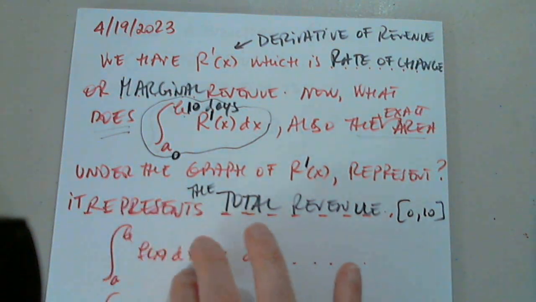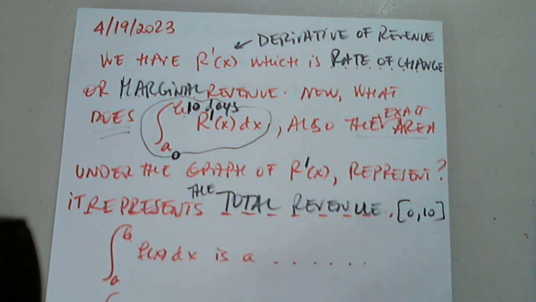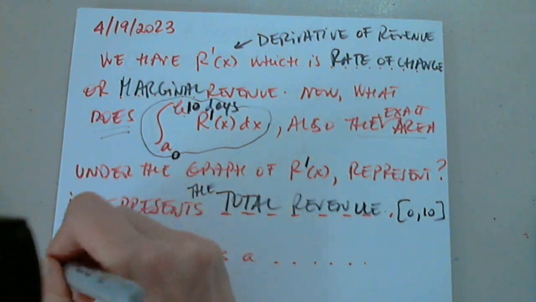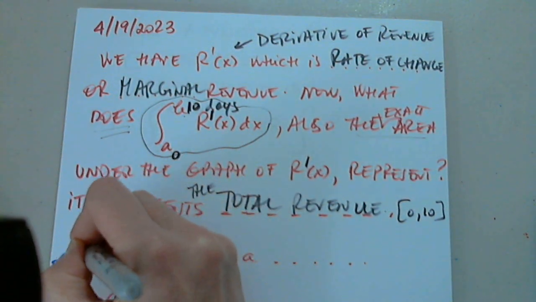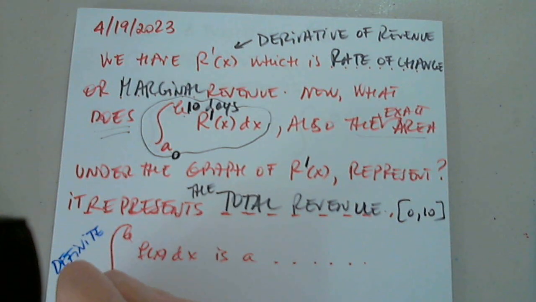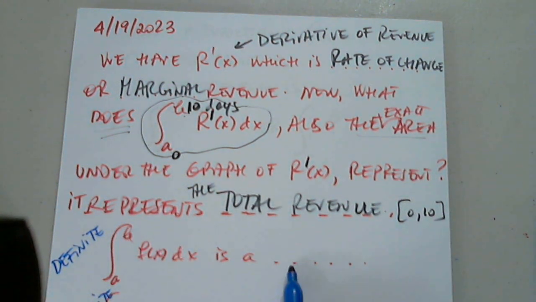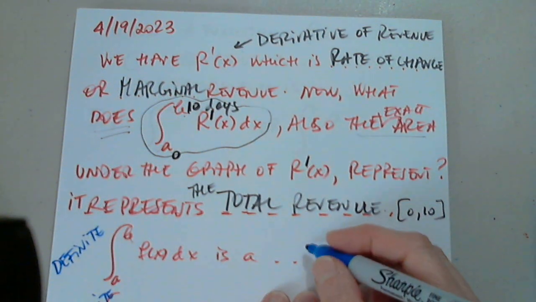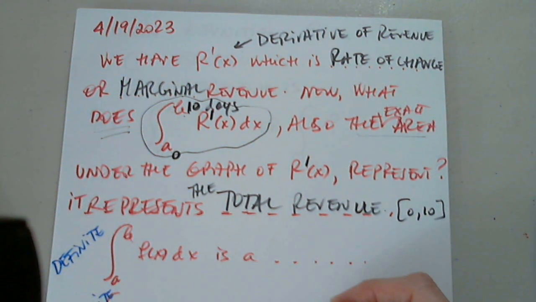So this is the definite integral, and this is the indefinite. Definite is fixed between two points, two values. What does the definite give us? And what does the indefinite give us?